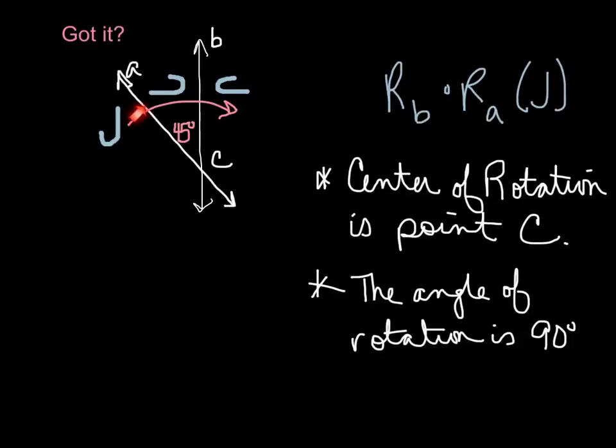This arrow went clockwise. So the angle of rotation is 90 degrees clockwise. That's part A.